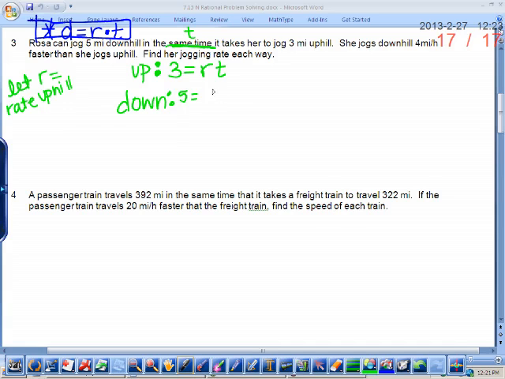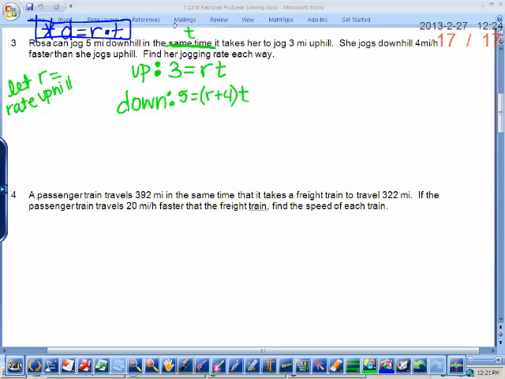What's her rate downhill? Just 4? It's going to be R plus 4. It's her rate, and then 4 miles per hour faster. Why is it not 4 times R? Good. It doesn't say 4 times as fast, right? Just says 4 miles per hour faster. And then her time is still the same.